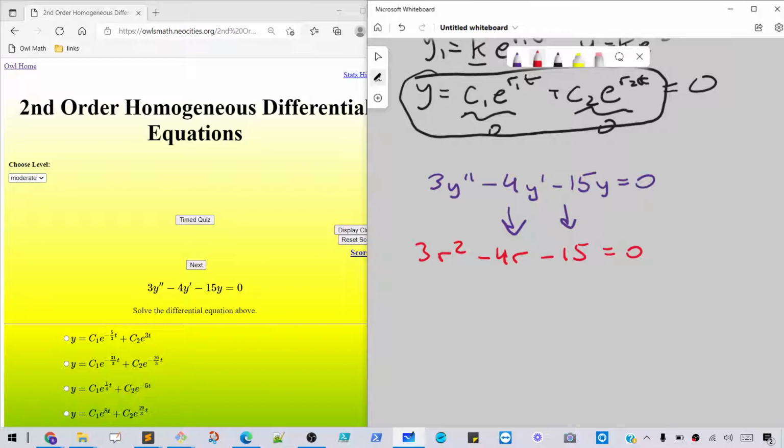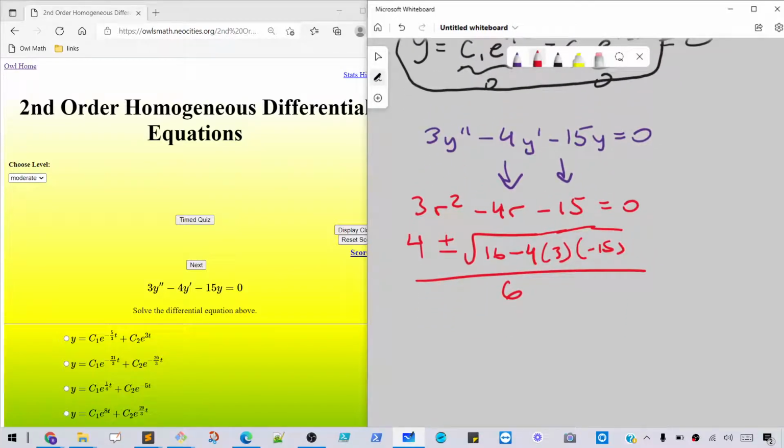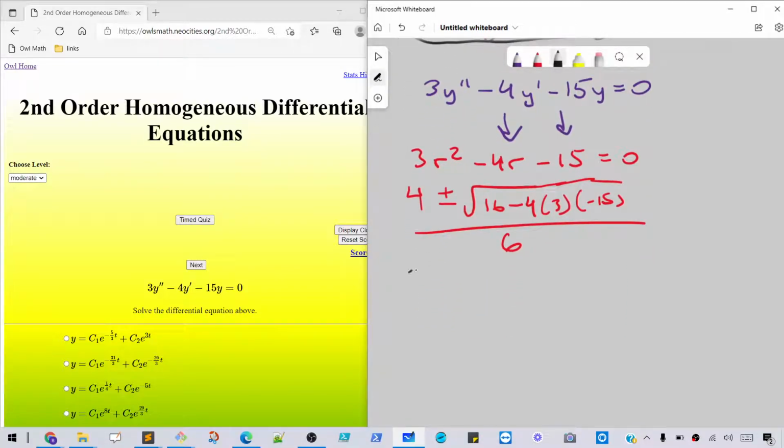I think I'm going to use the quadratic formula. So we get minus b plus or minus the square root of b squared, which is going to be 16, minus 4a, which is 3, c, which is minus 15, all over 2a, which is going to be 6. Then this can reduce to 2/3.